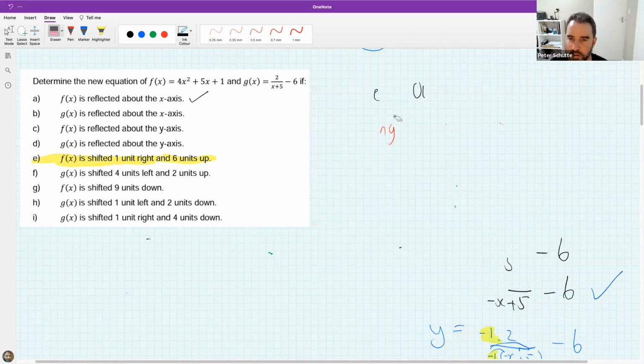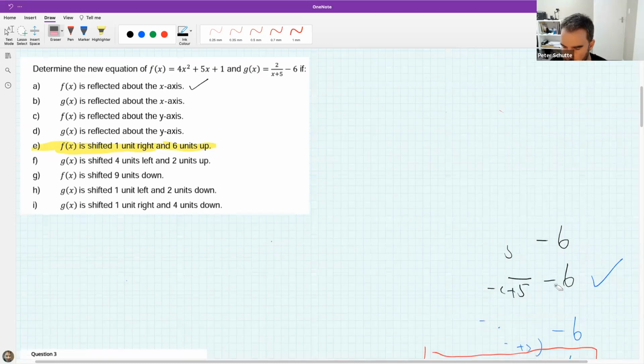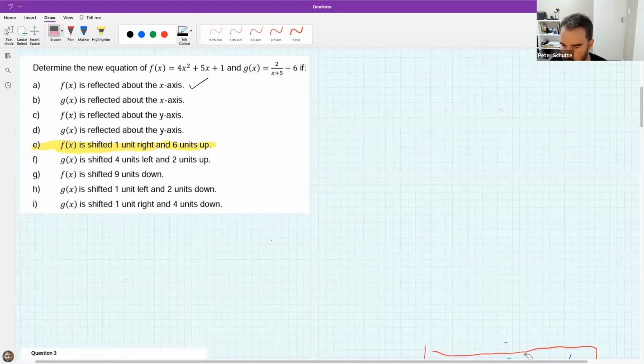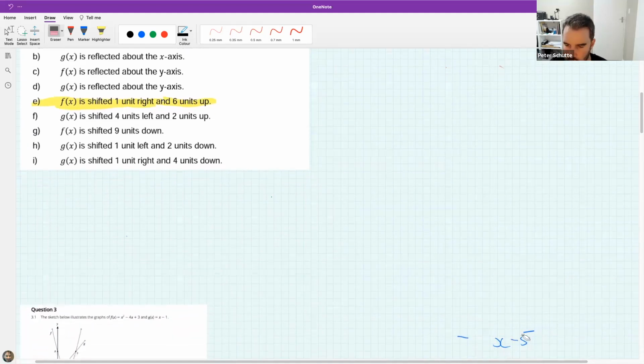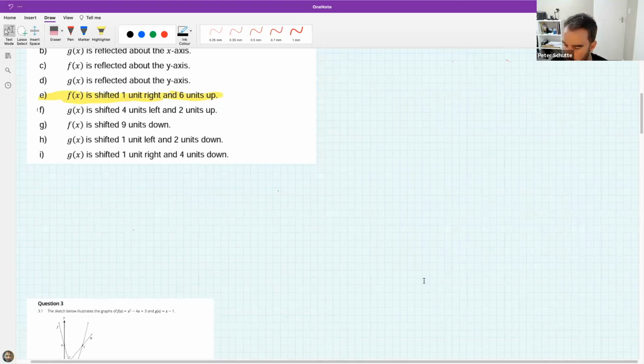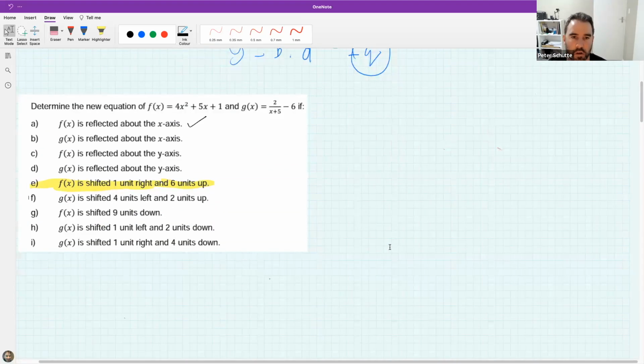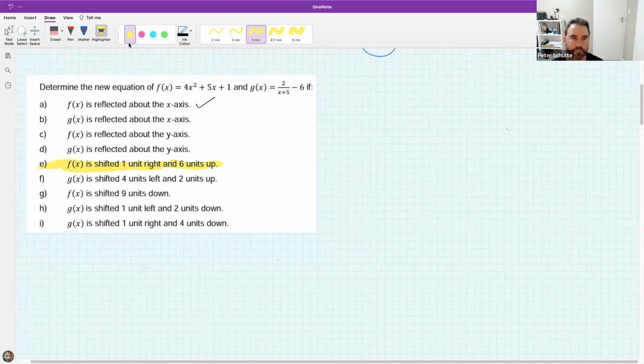while I clean the board. You've got the original equation.